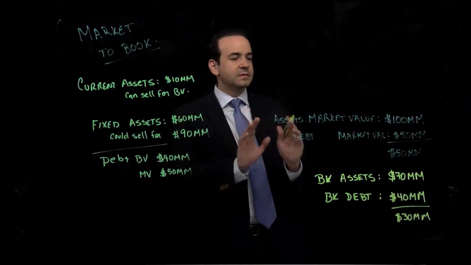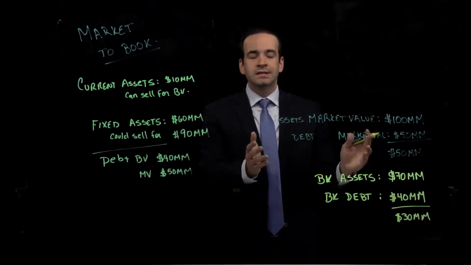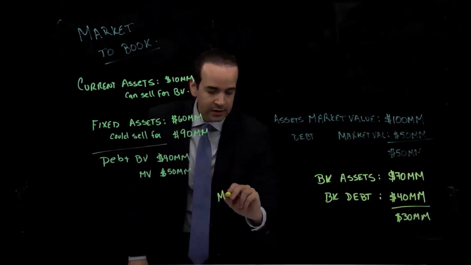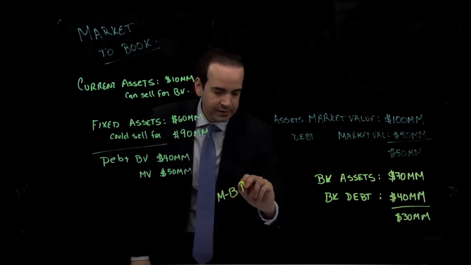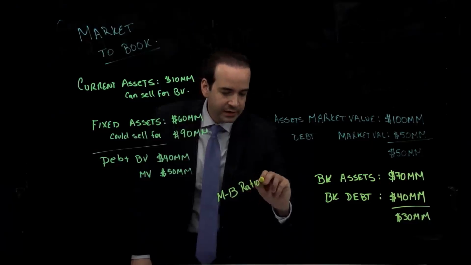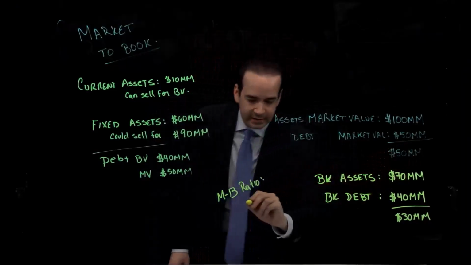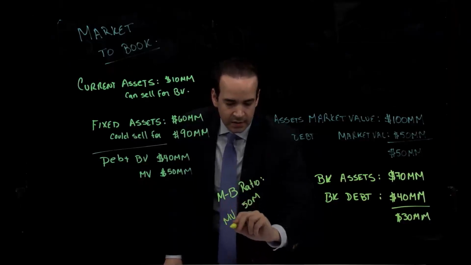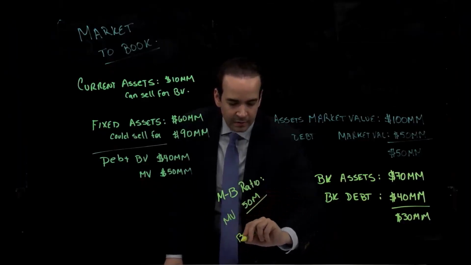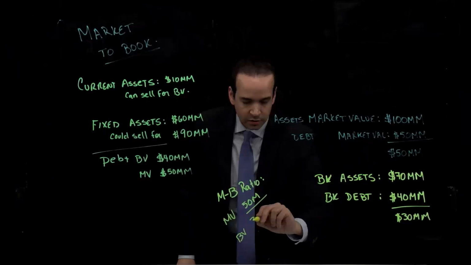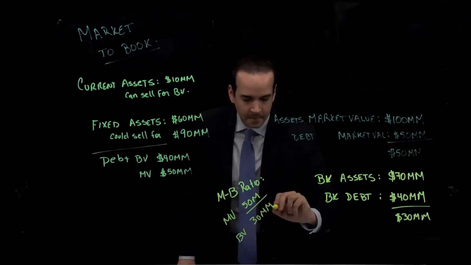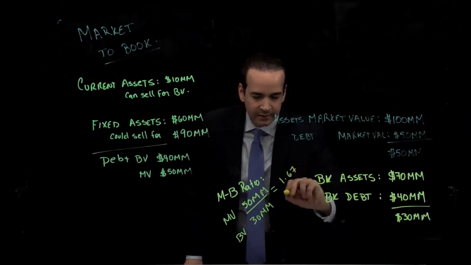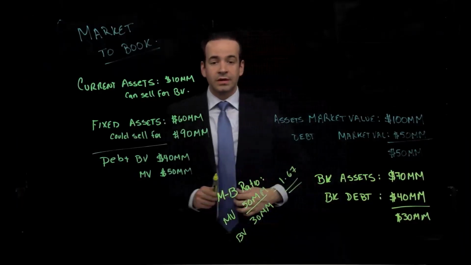So we calculate the value of the firm on a market value basis, then on a book value basis, and finally we get the market to book ratio, which is simply calculated as this 50 million, or the market value of the firm, divided by the book value of the firm, which is this 30 million. And there we go, we have 1.67, which is the market to book ratio.